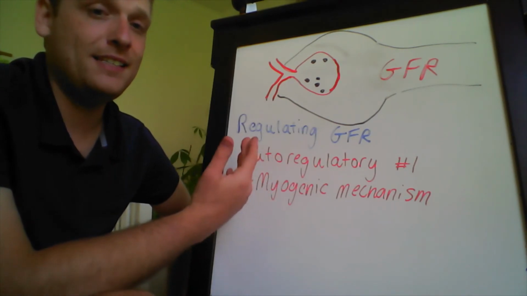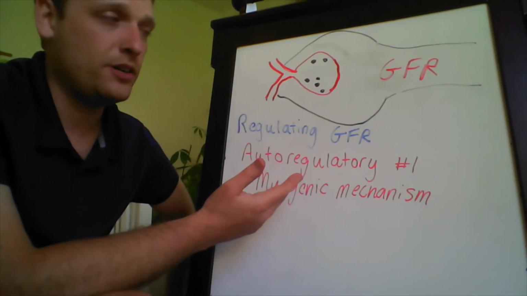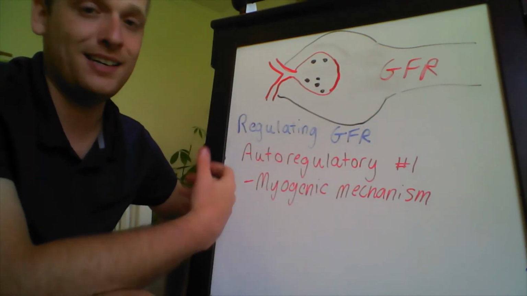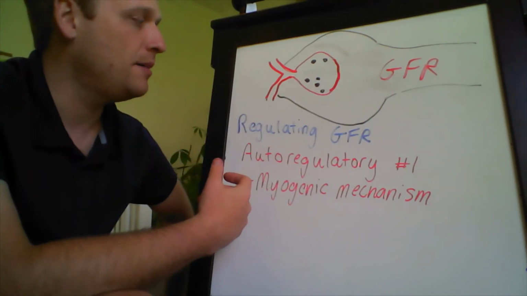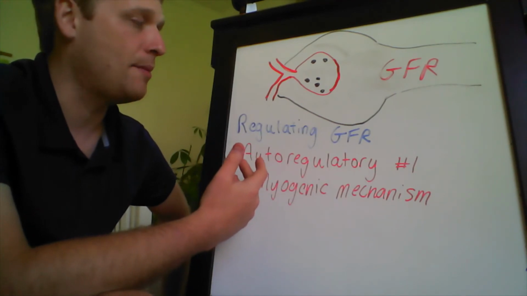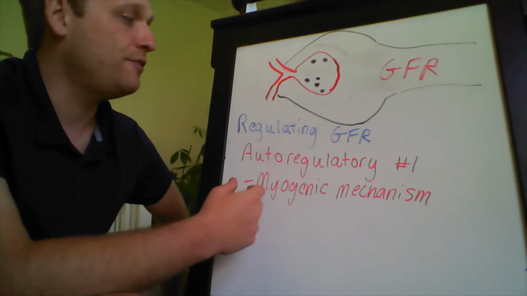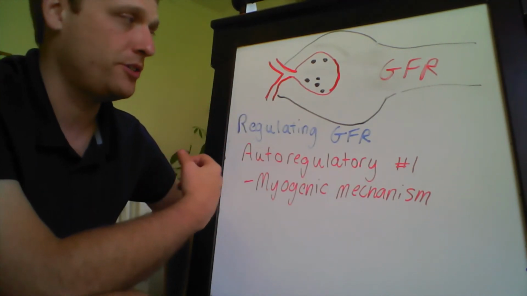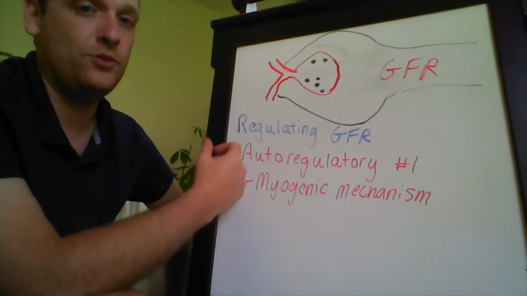Now, if you have a decrease in blood pressure and we need to increase glomerular filtration rate to compensate for that, the myogenic mechanism does just the opposite. So instead of turning down the faucet, with a decrease in blood pressure you're going to have to turn up the faucet.